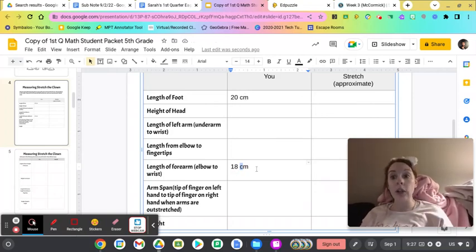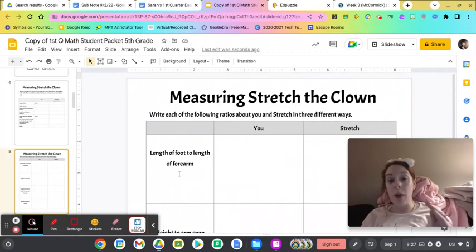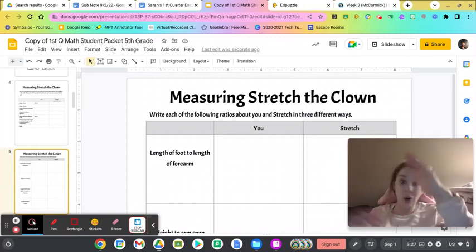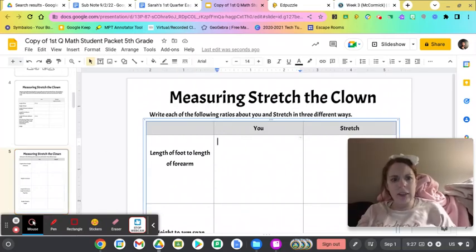And remember, order is important. If this page says length of foot to length of forearm, you have to go foot to forearm. That is what I'm going to be checking. I have to make sure that you keep it in the right order. Just like a fraction, you can't just go flippity-floppeting the numbers, okay? This is going to be strange to type out, but that's okay.